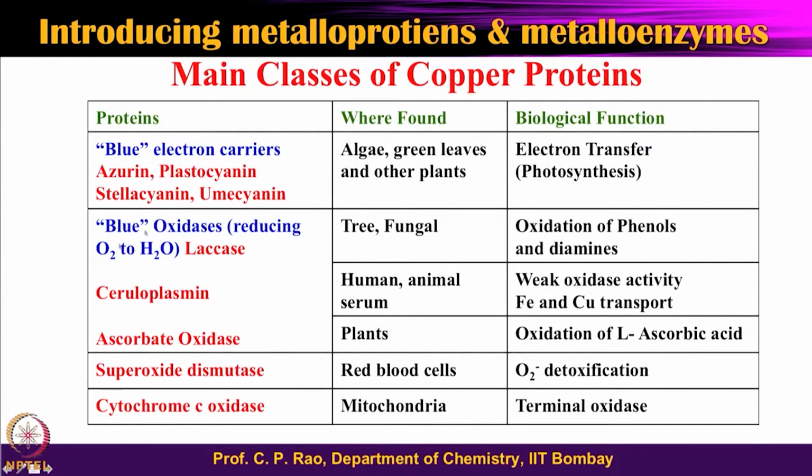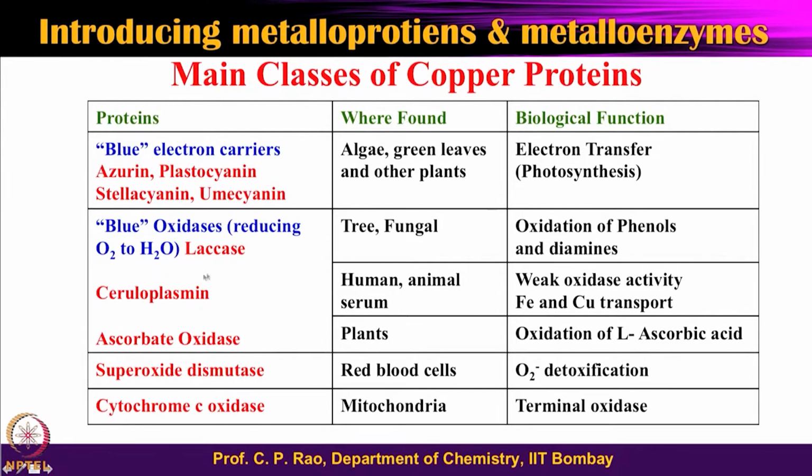And then we also have another set of class of enzymes called blue oxidases. These blue oxidases contain one of these blue electron transfer protein plus some oxidizing center as well. So these are like laccase, like ceruloplasmin, ascorbate oxidase, etc. So these are found in fungal, animal, human, plants, all kinds of things are there.